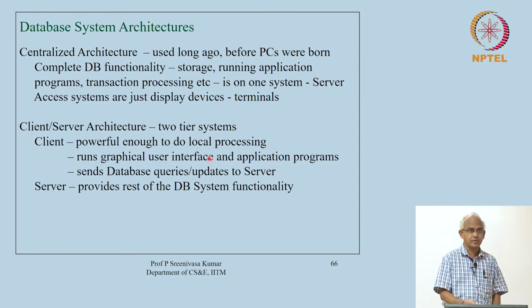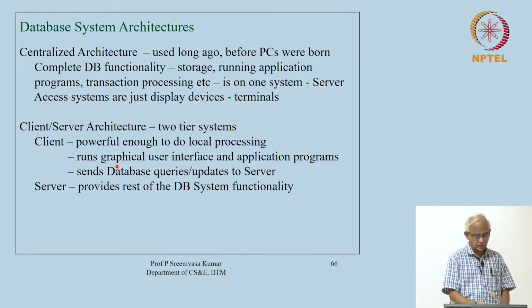Typically PCs and workstations connect to databases. Since they can do some local processing, it is possible for us to run the user interface and even the application programs on these systems.